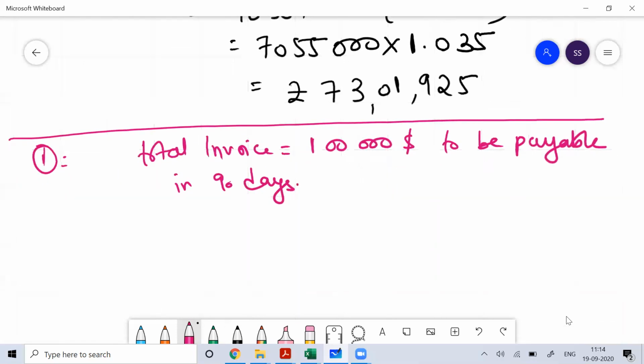So what they can do: they need to pay $1 lakh, where the rate of interest is 10%.